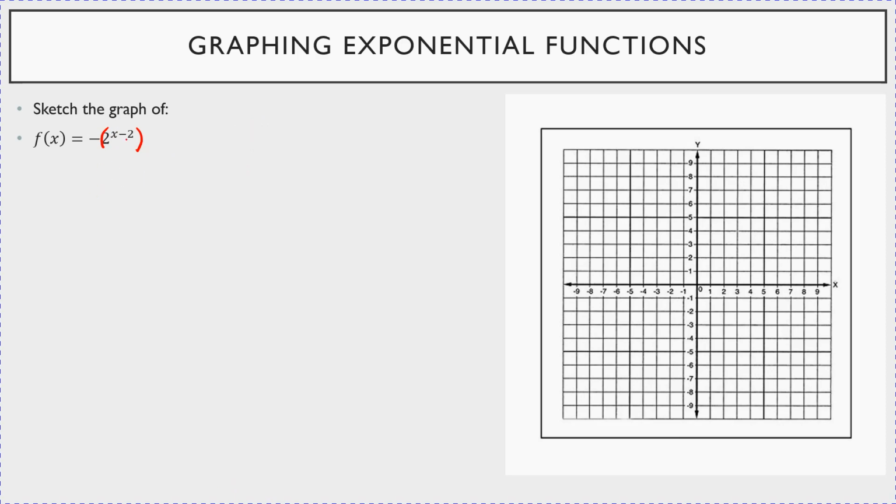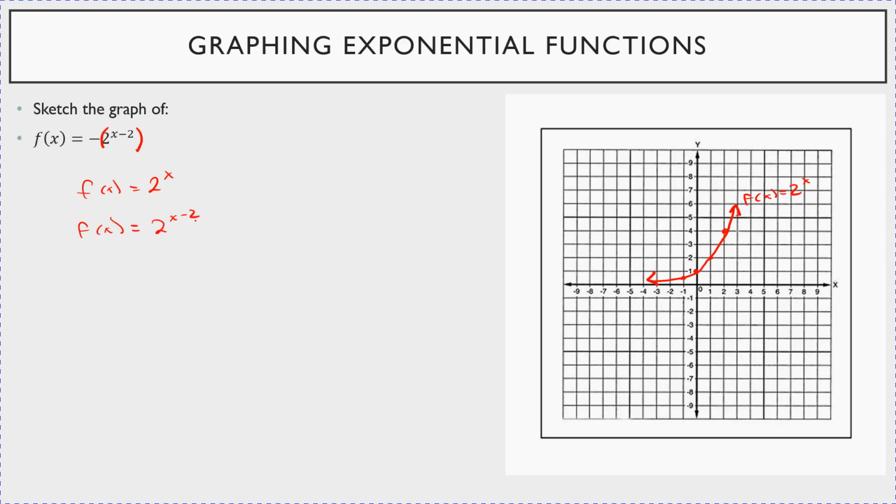Okay, so again, your first transformation. Let's start with this. F of x is equal to 2 to the x. Something like this. All right, so the first thing you're going to do, ignore the negative sign here. F of x is equal to 2 to the x minus 2.